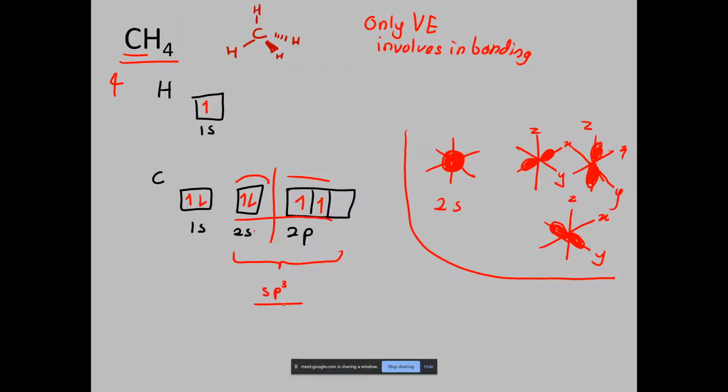So sp3, it means that dia campur satu s orbital, and we have 3 p orbitals. Maksudnya dia ada px, pz and py. So dia campur 3 p orbitals, okay, so dicampur ini and ini and ini and ini.